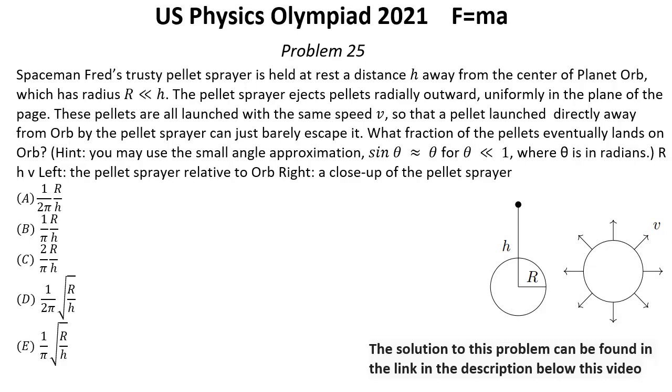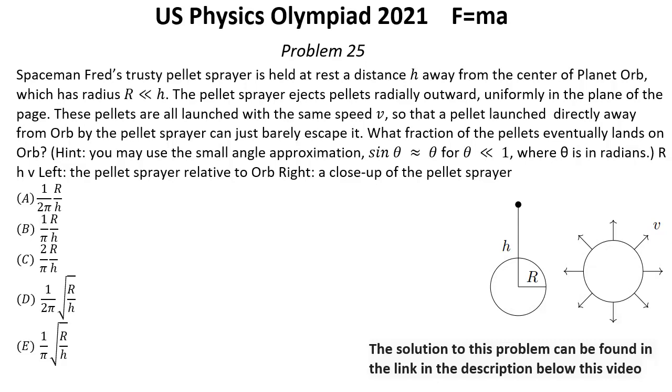These pellets are all launched with the same speed v, so that a pellet launched directly away from orb by the pellet sprayer can just barely escape it. What fraction of the pellets eventually lands on orb?